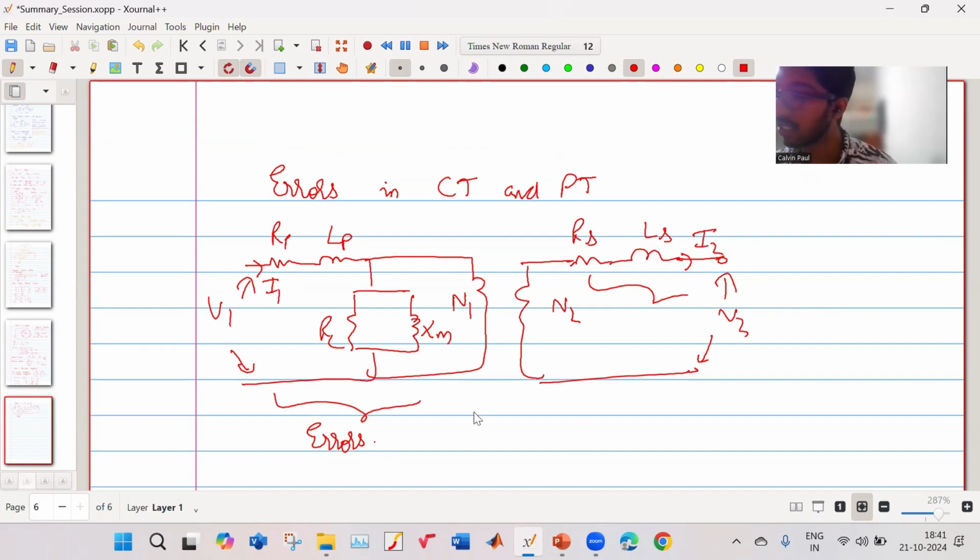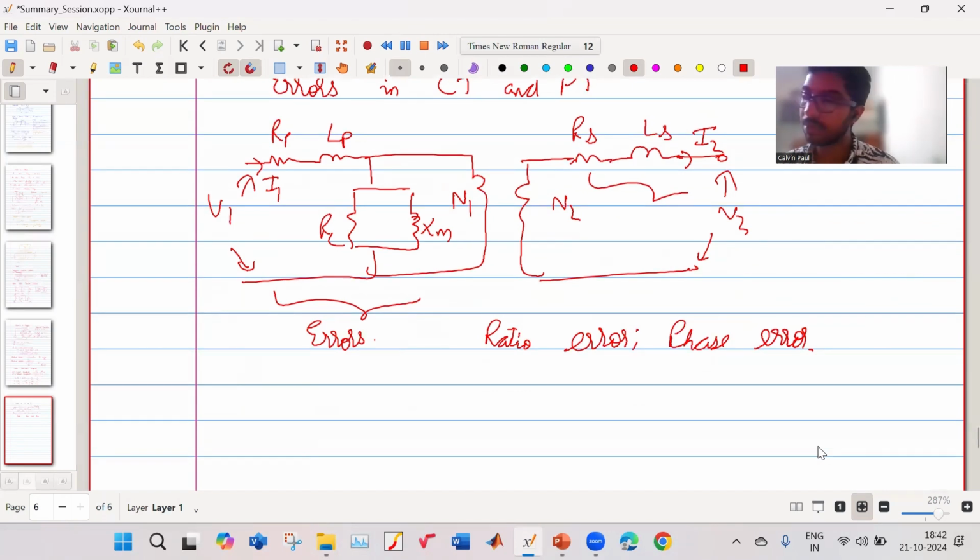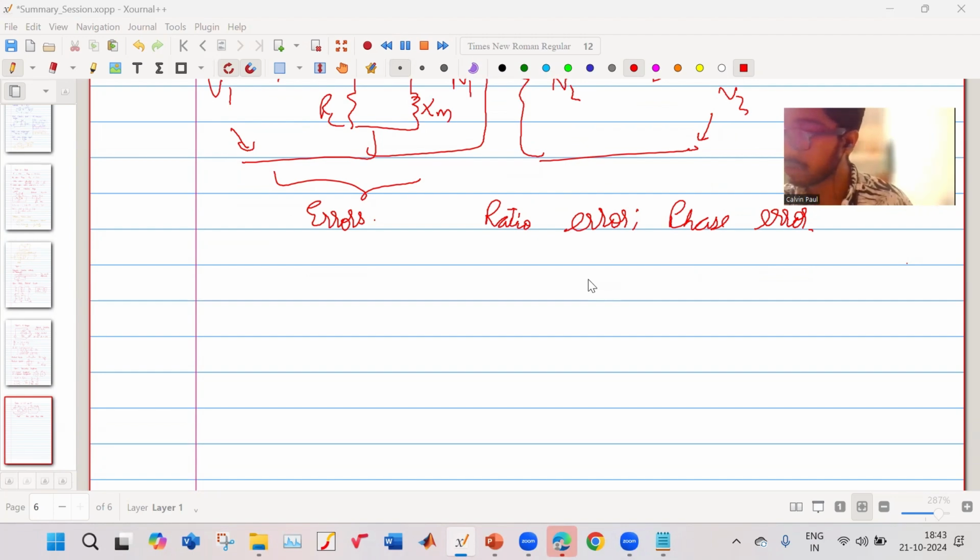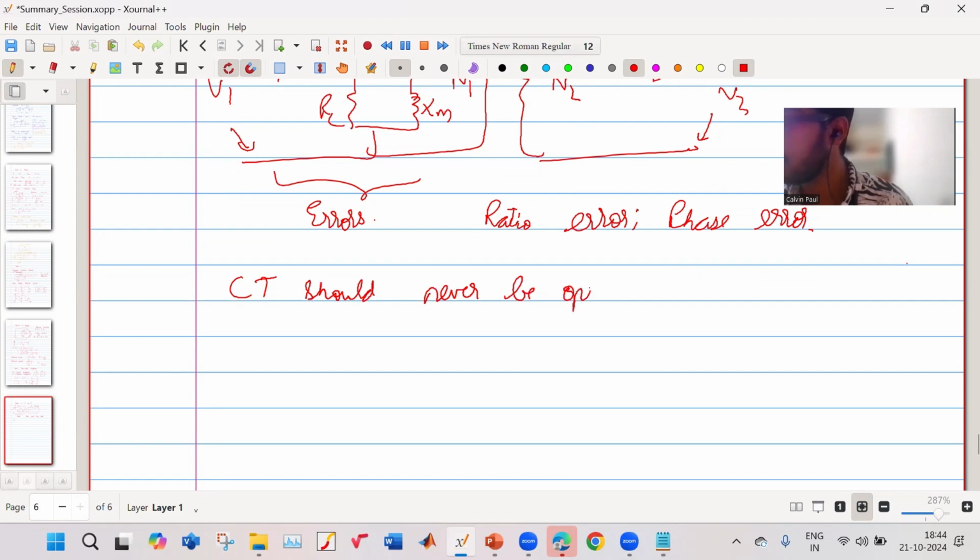There are two types of error. One is the ratio error. Another is the phase error. Both these errors happen because of these currents. One more important thing to remember is that the CT should never be open circuit, and a PT should never be short circuited.